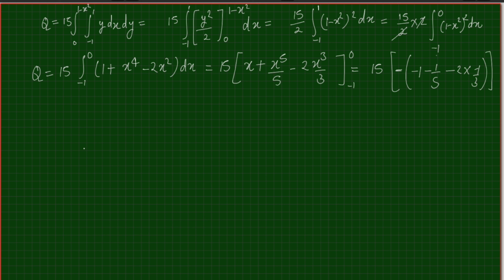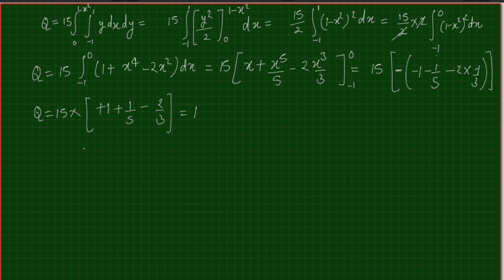Okay, and Q will become 15 multiplied by plus 1 upon 5. This will be minus minus plus, and minus 2 by 3.